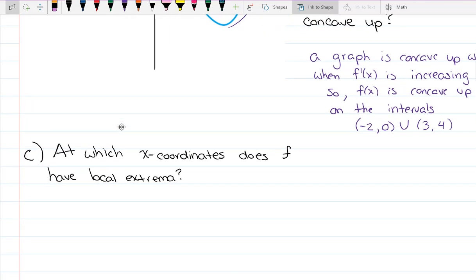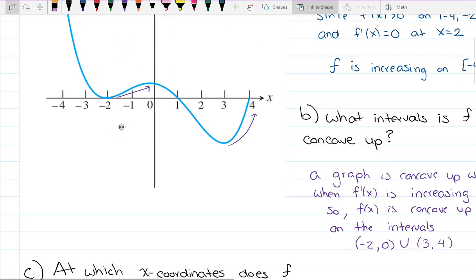At what x coordinates does f have a local extrema? So we know from the first derivative test that f, our original function, has a local extrema wherever the derivative is equal to 0 and the sign changes.